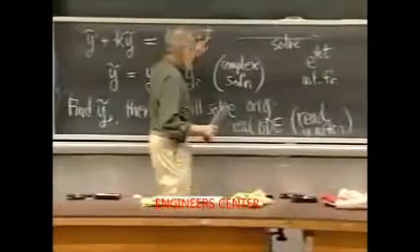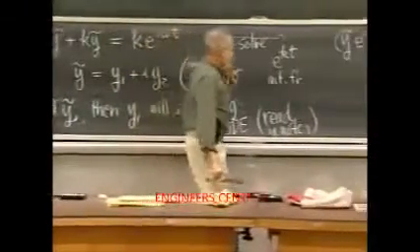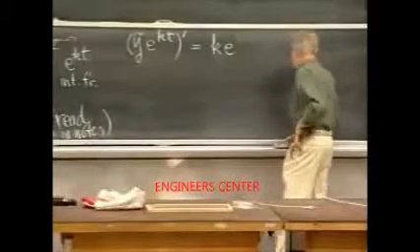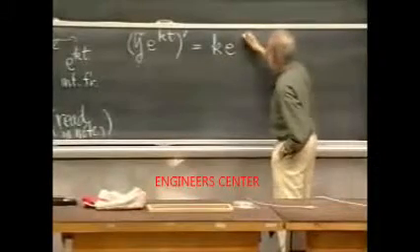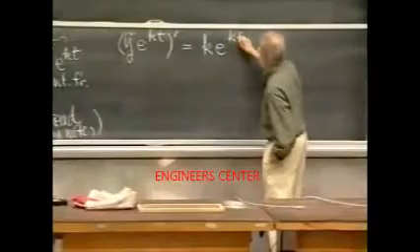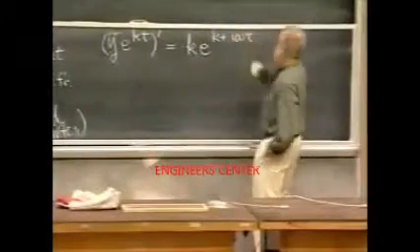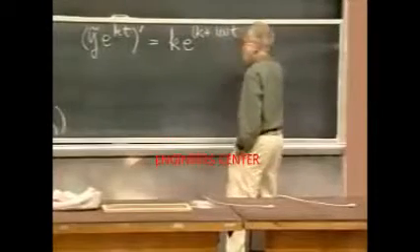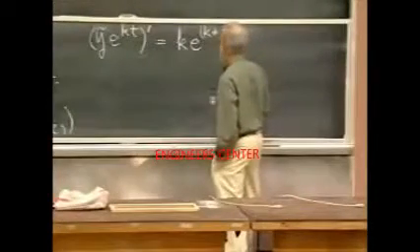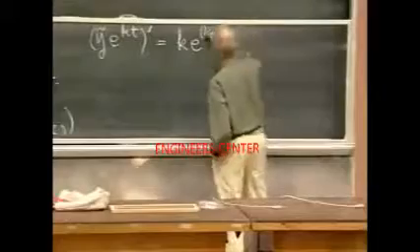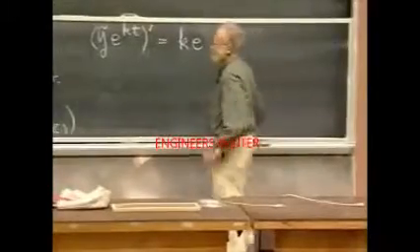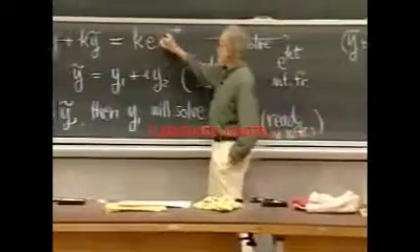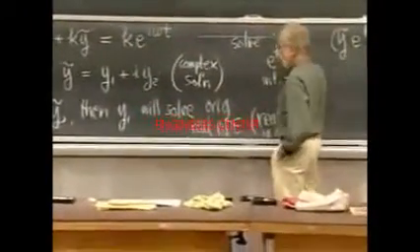It's k times e to the i omega t times e to the kt.